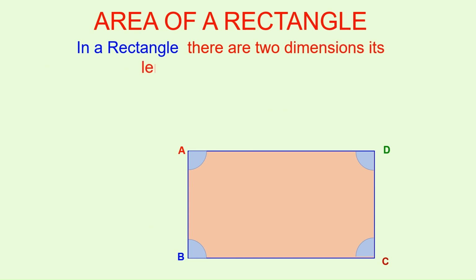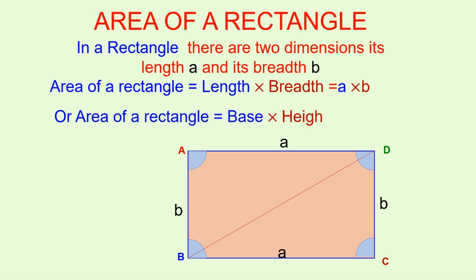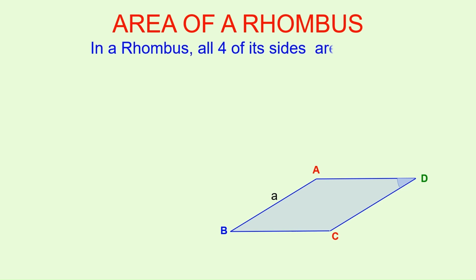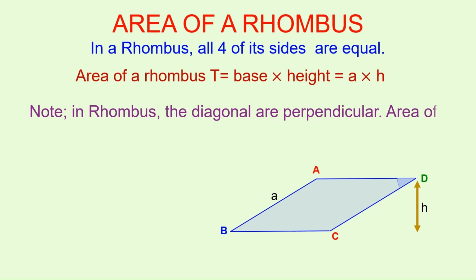In a rectangle there are two dimensions, its length A and its breadth B. Area of a rectangle equals length times breadth, or base times height, equals A times B. Area of a rhombus T equals base times height equals A times H. Note, in a rhombus, the diagonals are perpendicular.